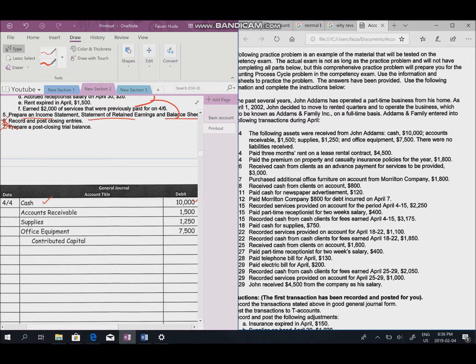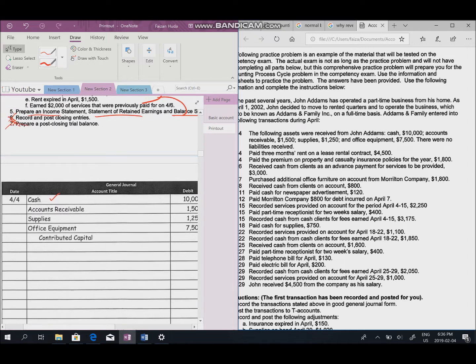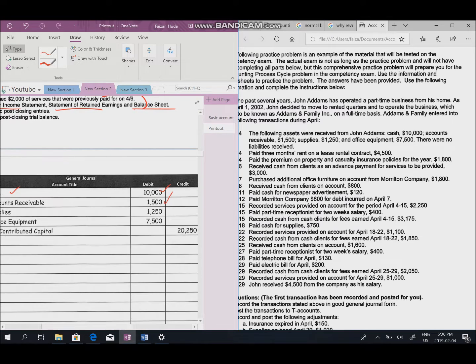Then accounts receivable, another $1,500. As I said before, accounts receivable is also an asset account, and to increase an asset account we will debit it. Therefore we'll debit accounts receivable for $1,500, which is correct. Then we carry on with supplies and office equipment, which are all asset accounts and which will all be debit.